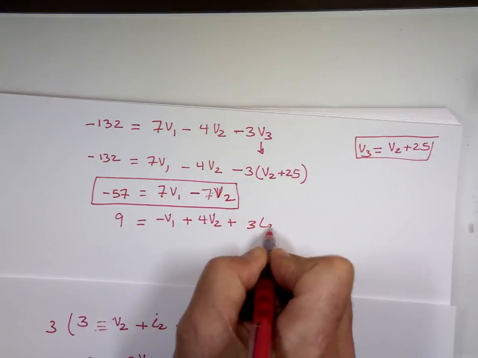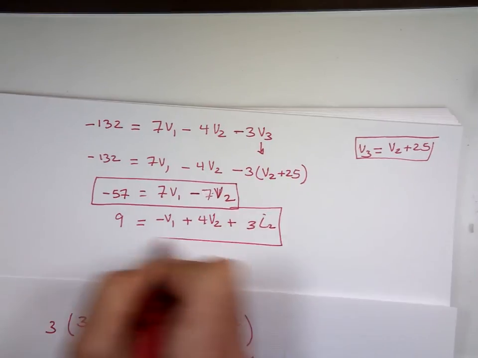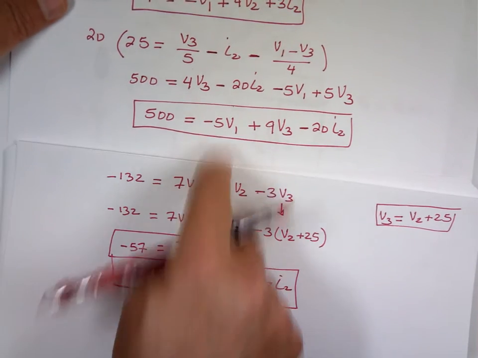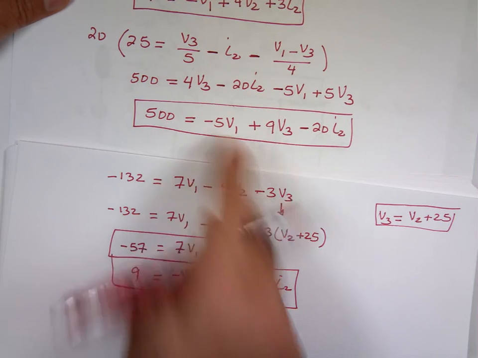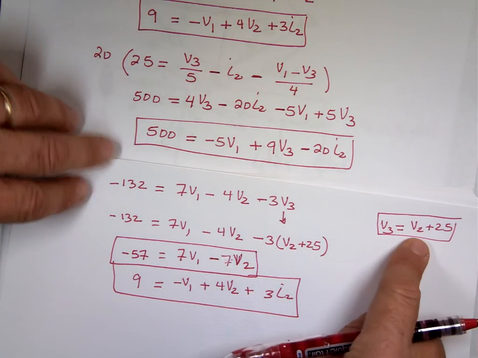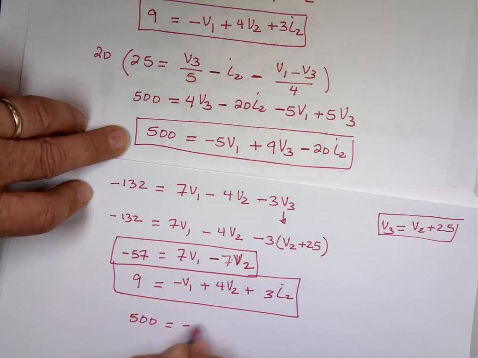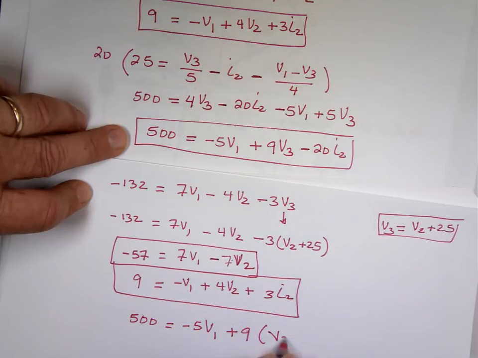That's my second equation. And my third one is this one. Let's replace V3 by this value. In place of V3, I'm going to write V2 plus 25.